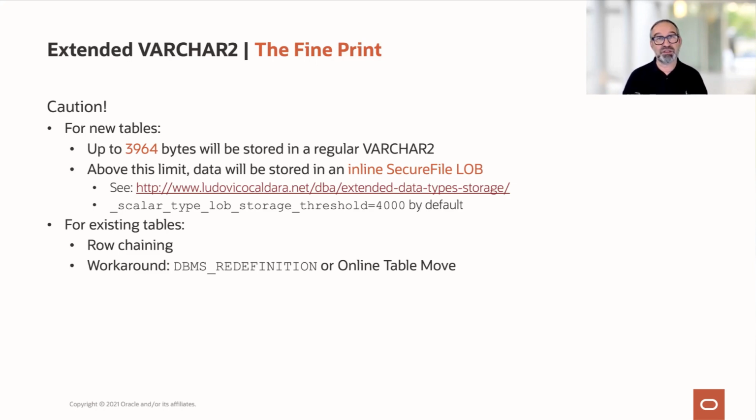It will just do row chaining. So be very aware of that, because that could be really impacting in terms of performance. So if you want the same behavior as for a new table, then you have to rebuild the object, either with DBMS_REDEFINITION or with online table move, a feature we will talk about later.